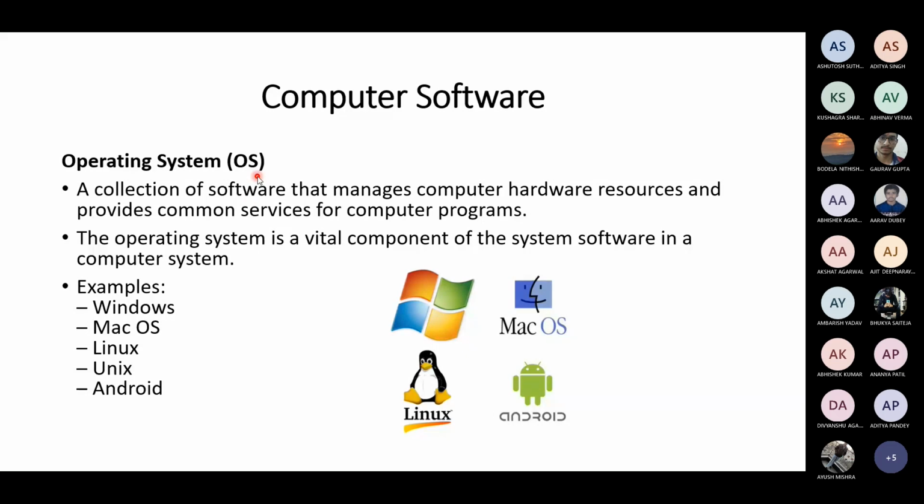But this is not an accurate definition. There is no perfect definition, but we can define the operating system more accurately. That we will discuss in the next class, where I will give you a more detailed, accurate definition.